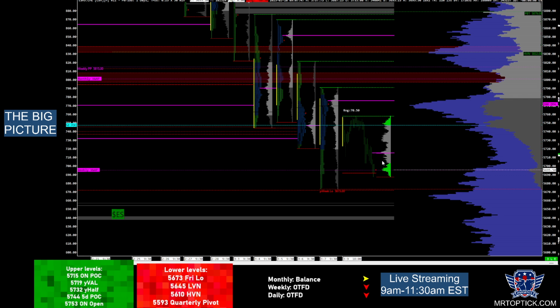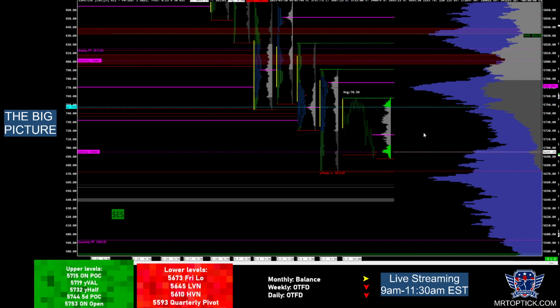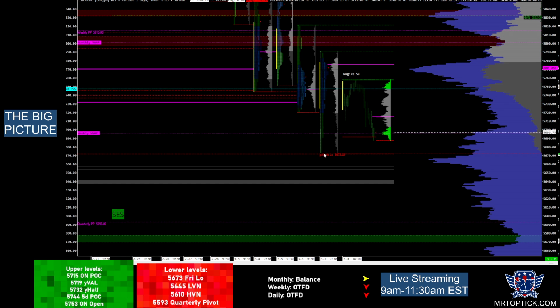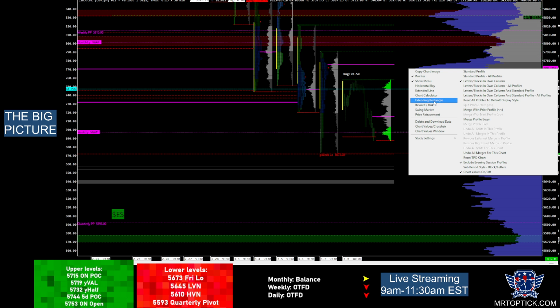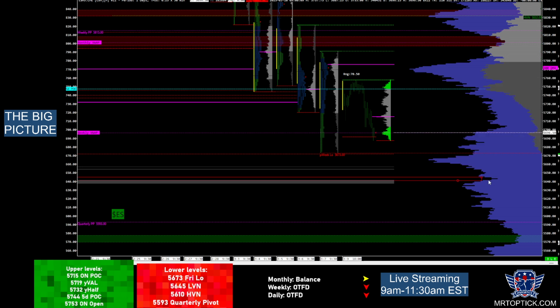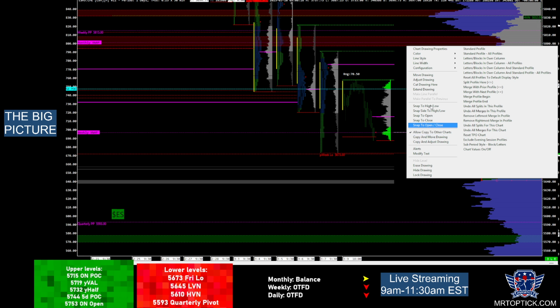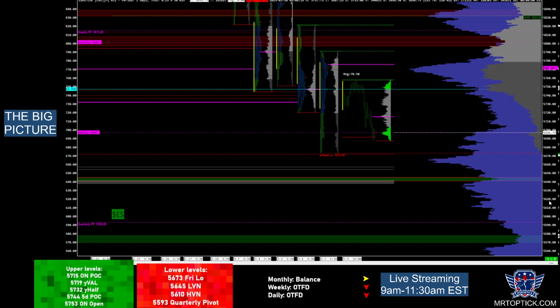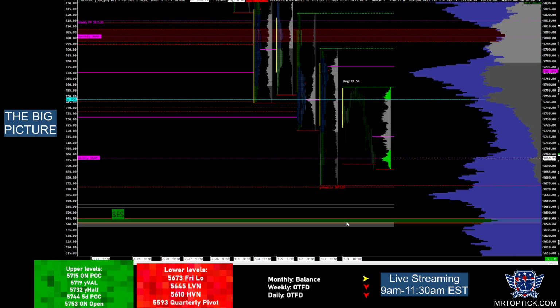We're one time framing down, and if we cannot stay above value, above the 57.19 area, then the first area to look for is Friday's low, the previous week's low, and then here we have a little bit of minor support at the 57.45.